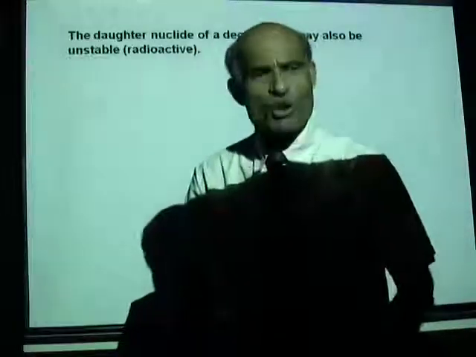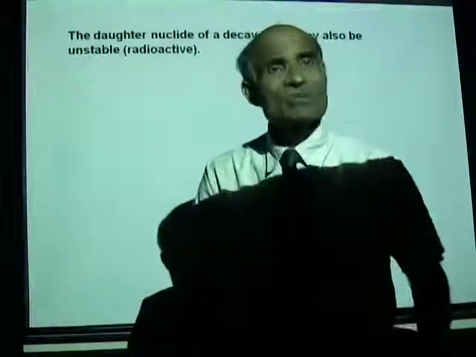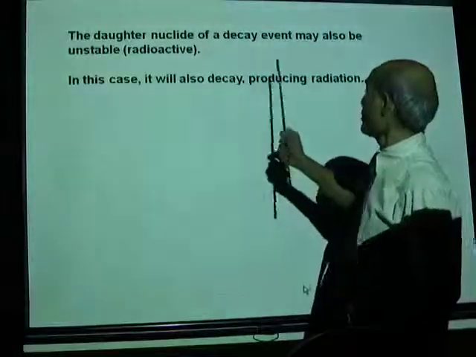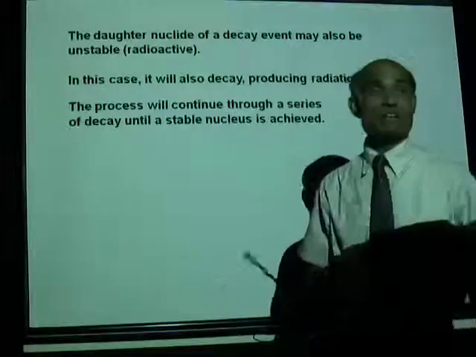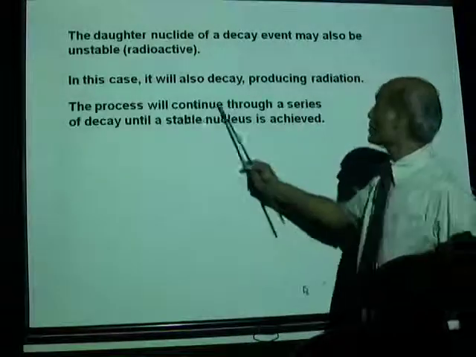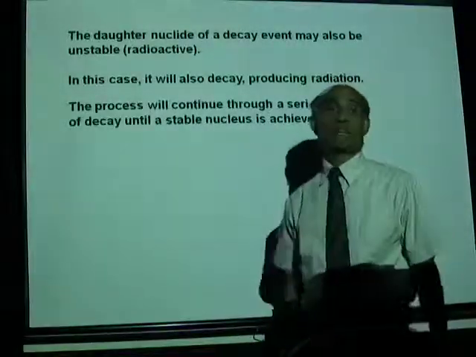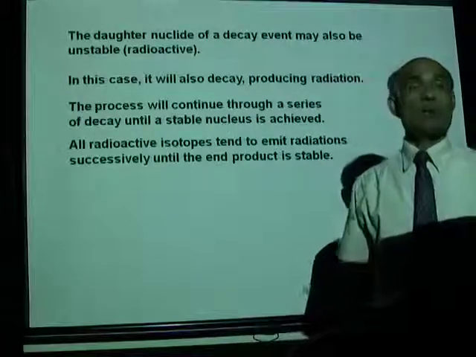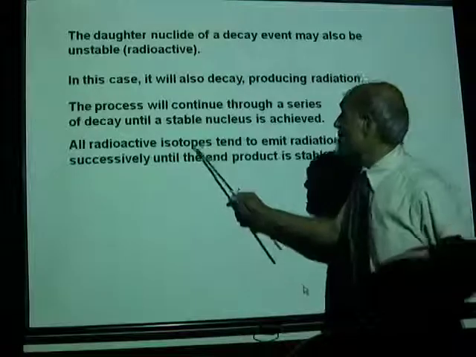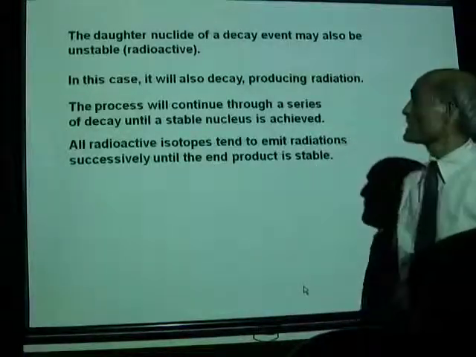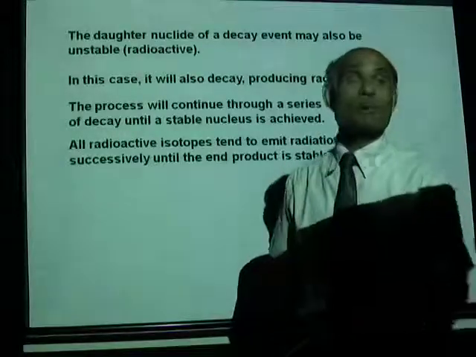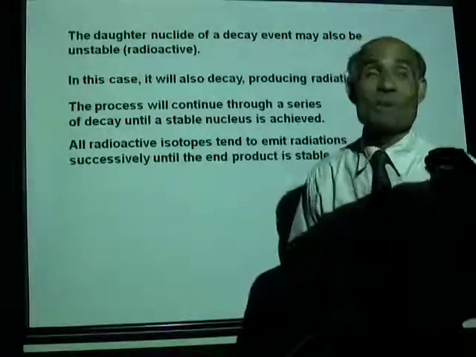Now, this is actually called a radioactive series. Now, in this case, it will also decay, producing radiation. The process will continue through a series of decay until a stable nucleus is achieved. Now, all radioactive isotopes tend to emit radiations successively until the end product is a stable element.